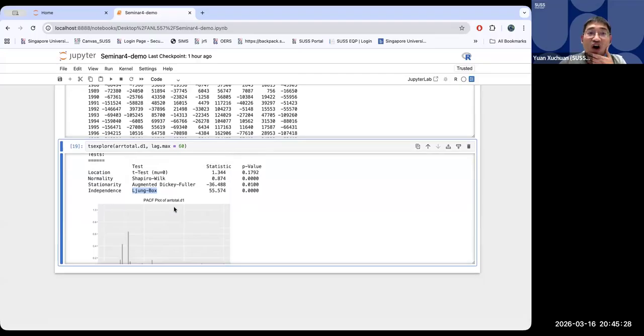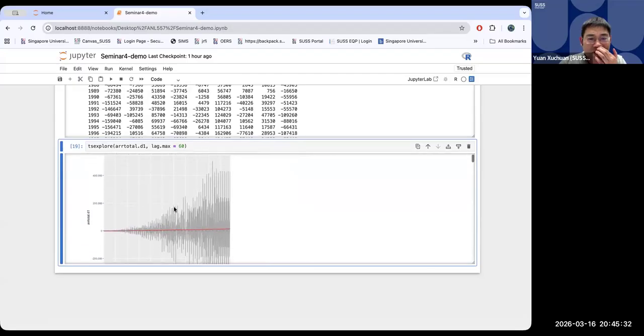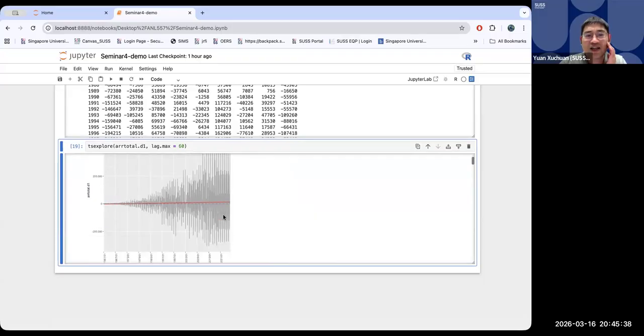So let's look at the log, because if you look at the first order difference, the variance is not constant. So we take a log transformation to see whether we can stabilize it and make the log transformed time series a stationary time series.